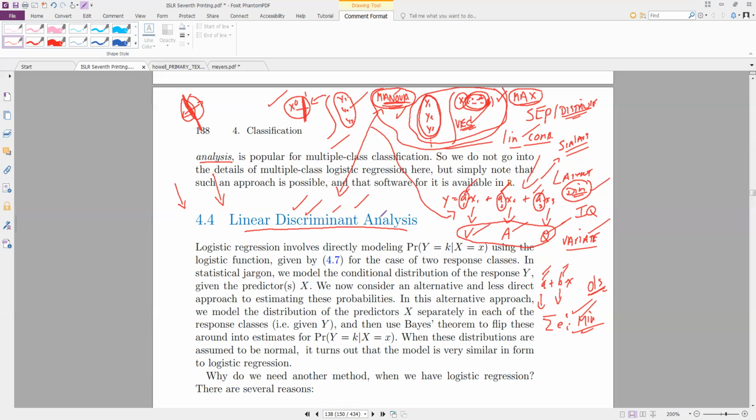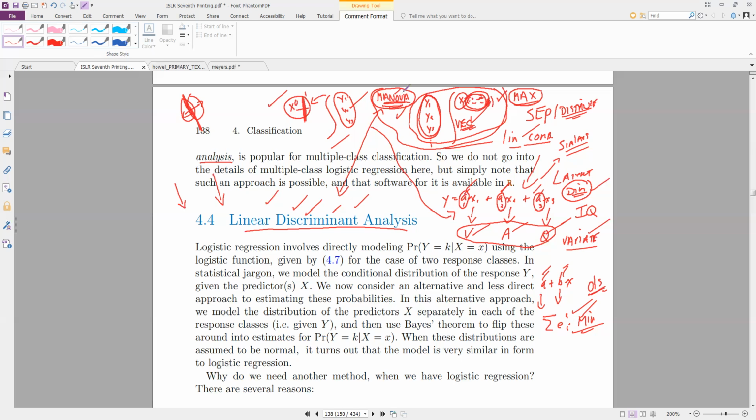So you can't treat it as an ordinary regression. You have to use a different method of analysis. Binary response, logistic regression. Linear discriminant analysis is also going to be a binary response. So this is going to be a competitor to logistic regression.